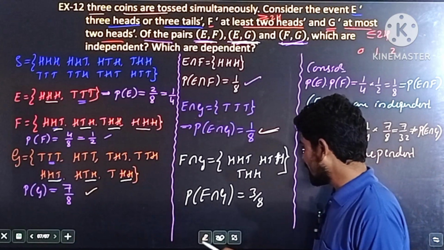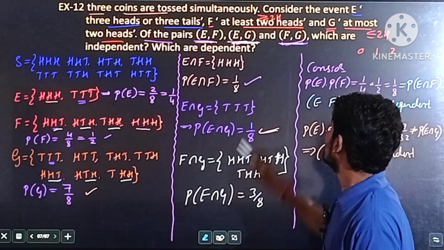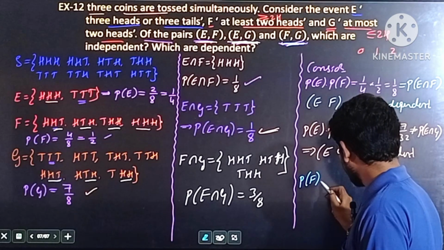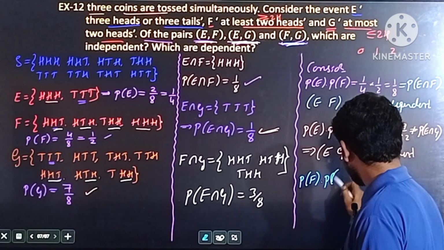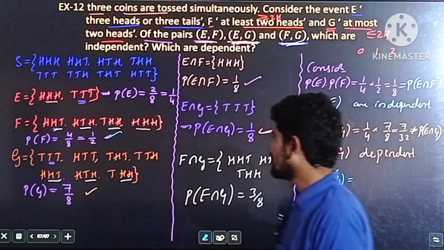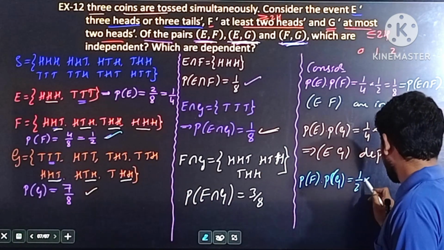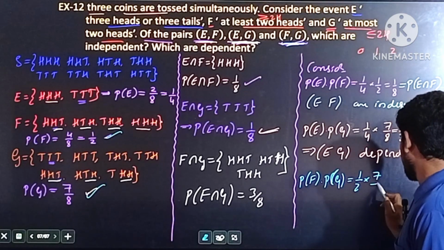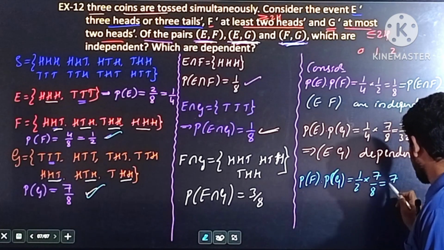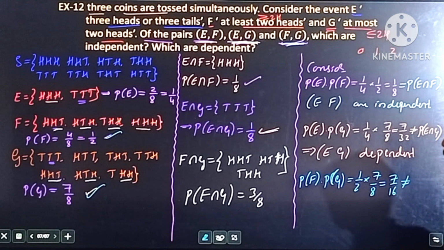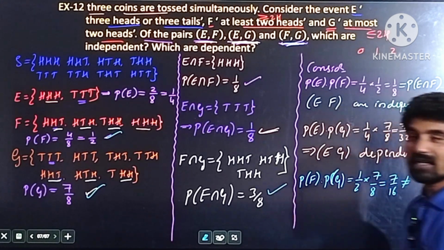Now for the third pair, F and G, consider probability of F into probability of G, where probability of F is 1 by 2 into probability of G is 7 by 8, which is equal to 7 by 16, and 7 by 16 is not equal to 3 by 8.